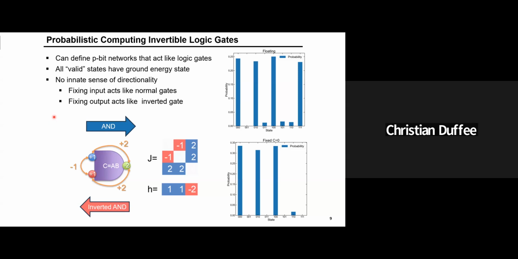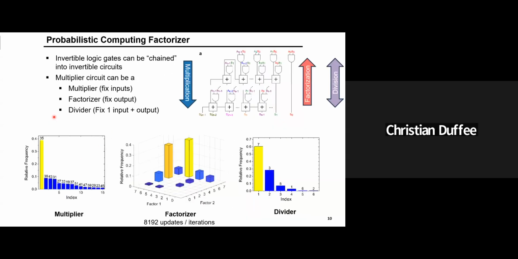And these are kind of interesting by themselves, but they become useful when you chain them together. You can compose an arbitrary number of these invertible logic gates together to create an invertible circuit. And the circuit has the exact same properties of the gates themselves. So if you imagine a multiplication circuit, it can act as a multiplier if you clamp the input p-bits to a corresponding binary string of the 2 numbers we're trying to multiply.